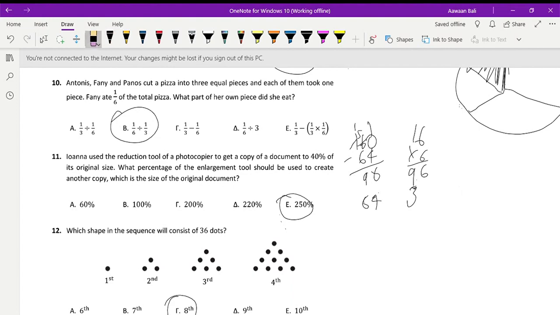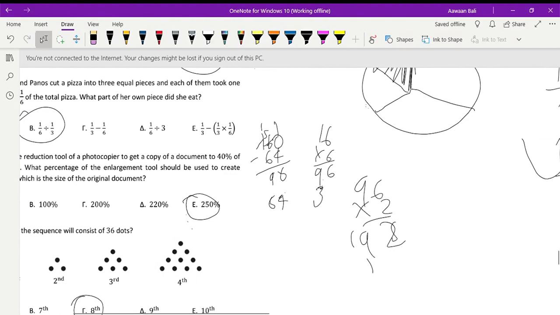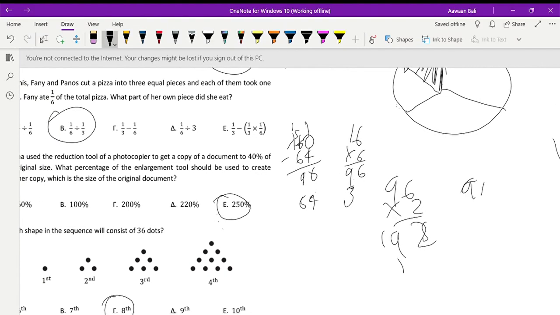However, if you do 96 times 2, that's 192, but that's already too big. However, 96 divided by 2 is 48. 192 plus 48.